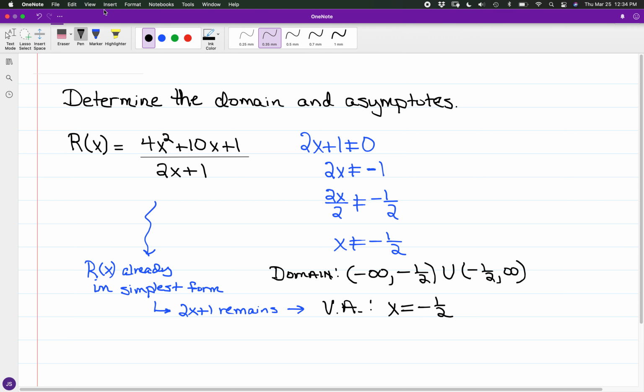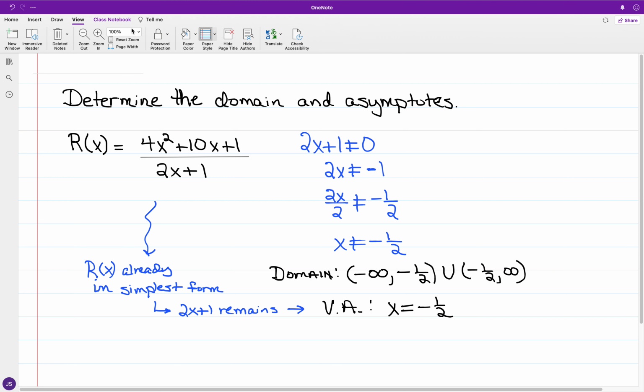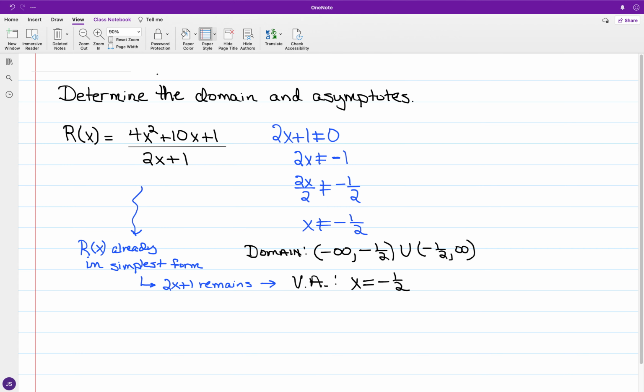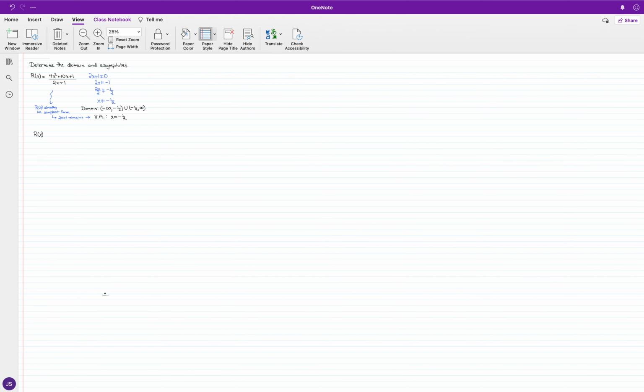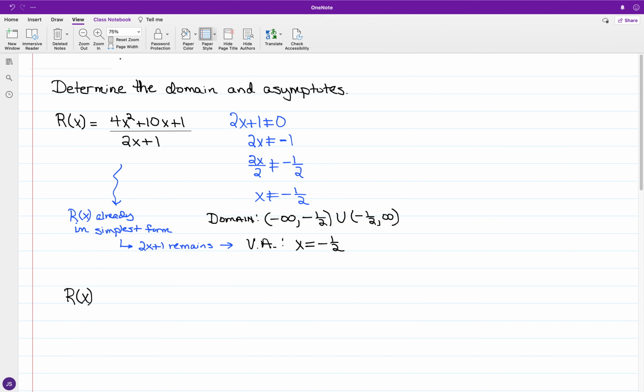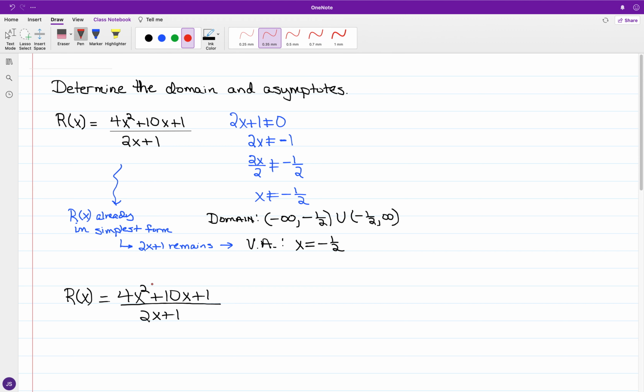Now in terms of any other asymptotes, again, this will come down to the comparison of the degrees between the numerator and denominator. So we have r of x once again equal to 4x squared plus 10x plus 1 all over 2x plus 1.